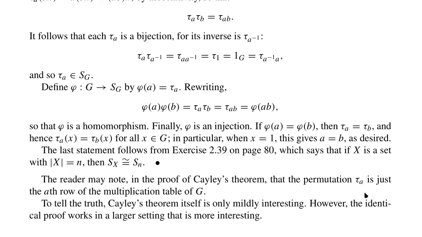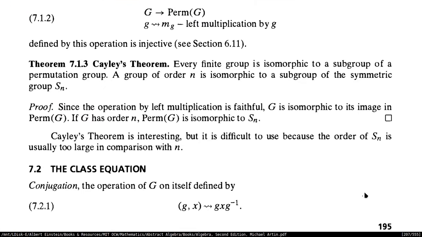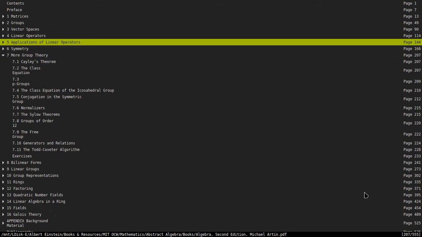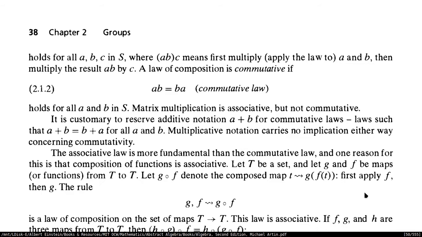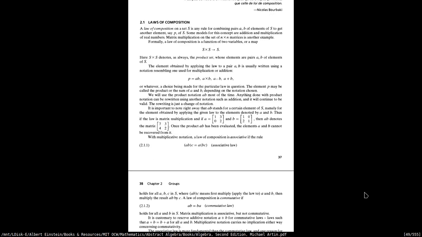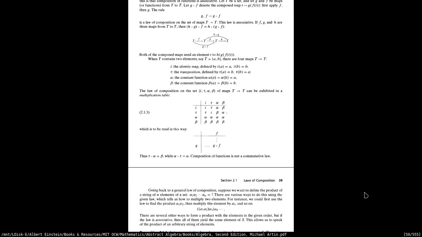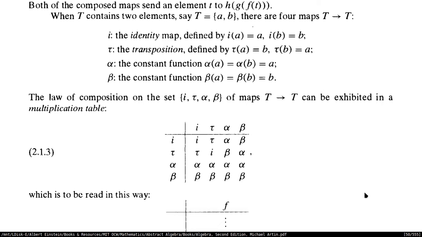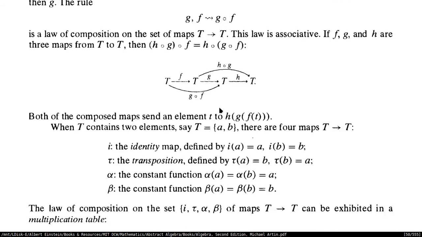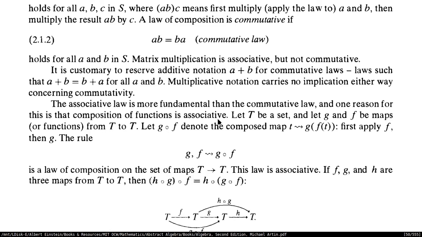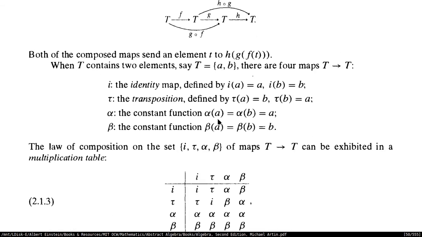So the rows would be the permutations. Let's go back and take a look at the Cayley table. I guess we saw that in autumn. Yep, so this was what we saw, and we had several maps, right, transpositions and so on, but each of them is essentially a translation.